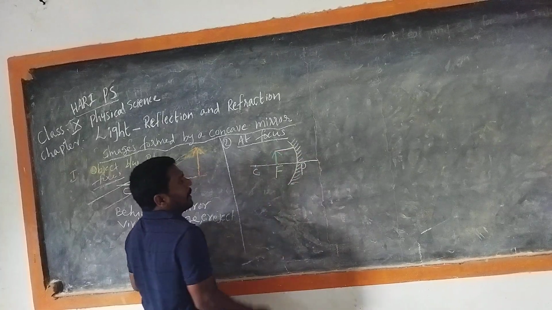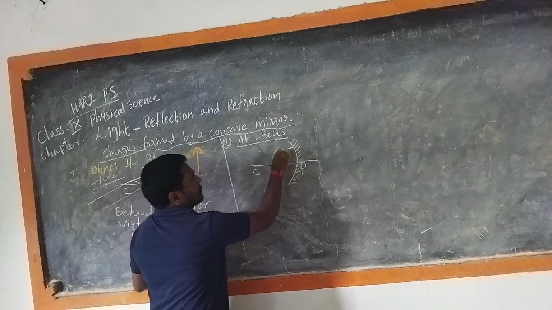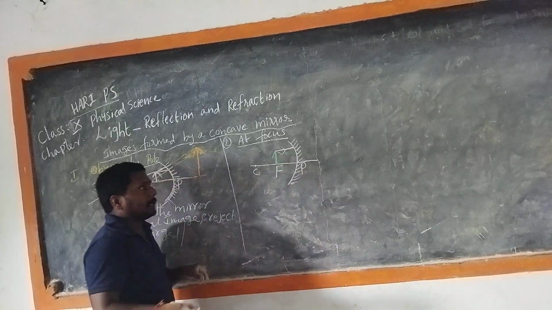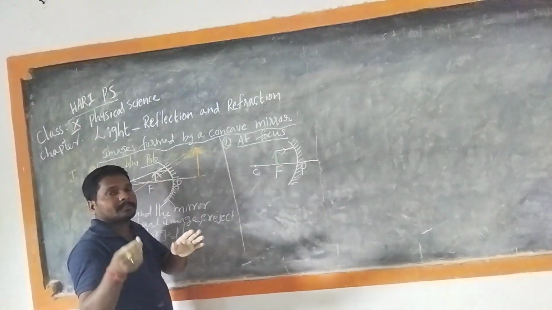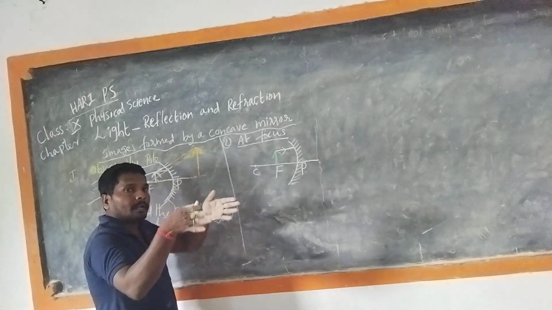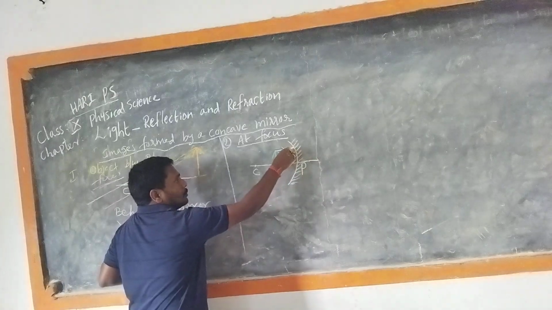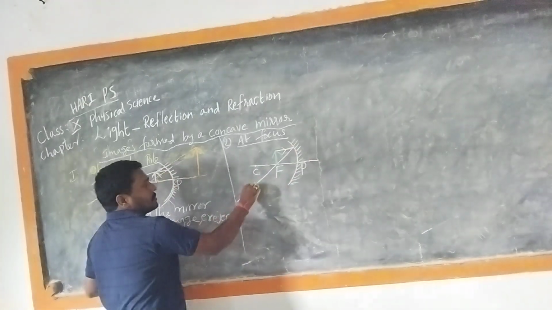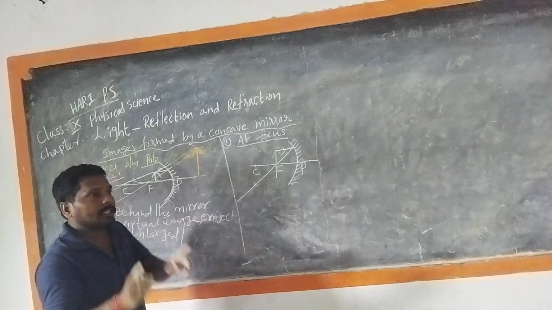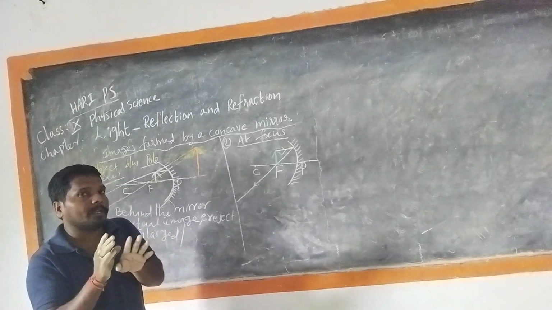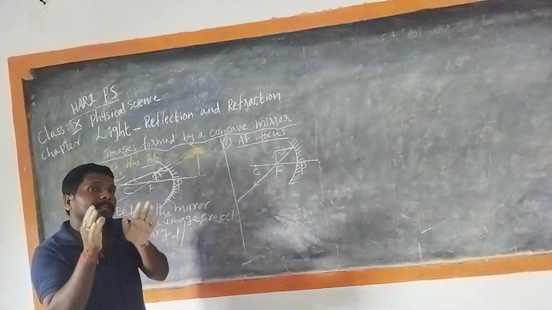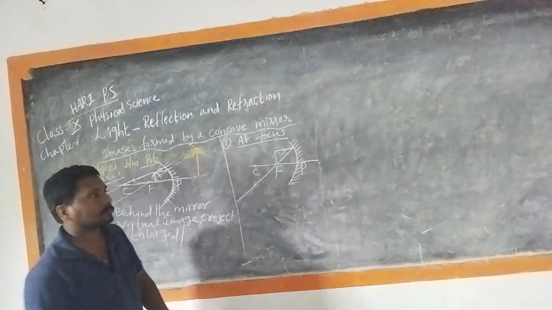One light ray is parallel to the principal axis. We know what happens: light rays parallel to the principal axis, after reflection, pass through focus. With the help of only one light ray, we cannot understand where the image of the object is formed.